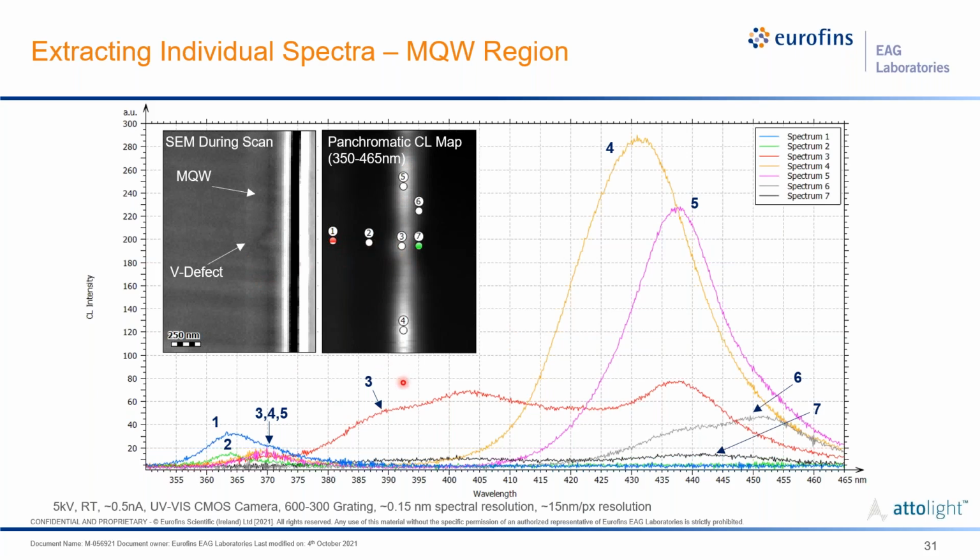And so we can compare, for instance, 3 being in the V defect, that bright spot region, versus what we would consider normal multi-quantum well in number 5. So number 5 is this pink emission here, very close to 440, which is expected. And then 3 here, this is coming from the V defect. So we see this highly blue shifted region within the spectrum of this particular area.